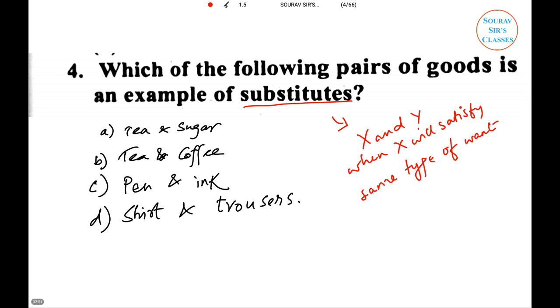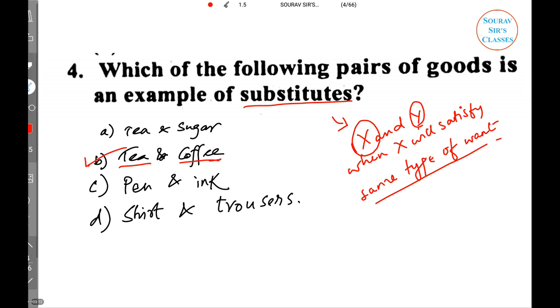Okay, so if it satisfies the same type of want, then in place of Y you can always consume X. Keeping this in mind, we can clearly say that tea and coffee are an example of substitutes, because if tea is not available, you can have coffee and it will satisfy the same type of want.